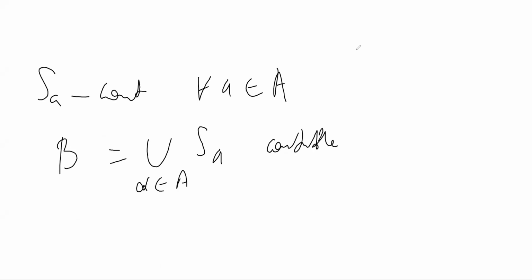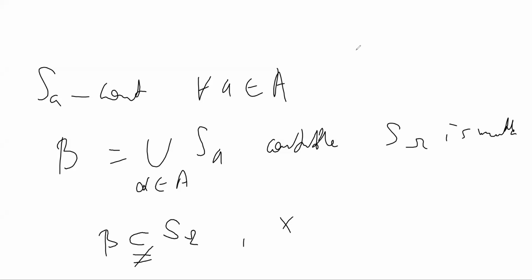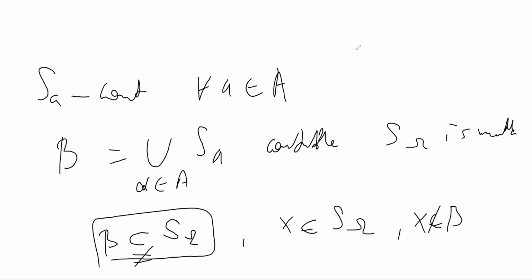Okay, and so since S omega is uncountable, the set B is not all of S omega. So B is just a proper subset, it's not equal. Okay, so then let x be a point in S omega, and x is not in B, and such an x should exist because B is a proper subset.